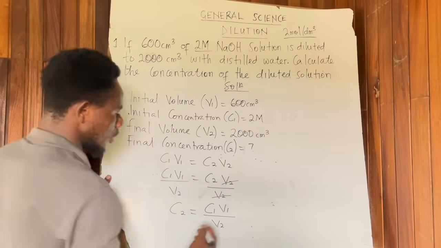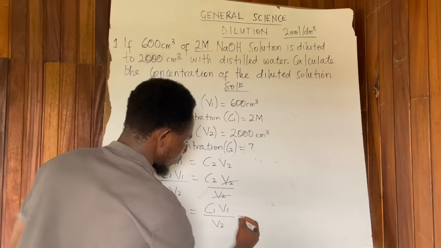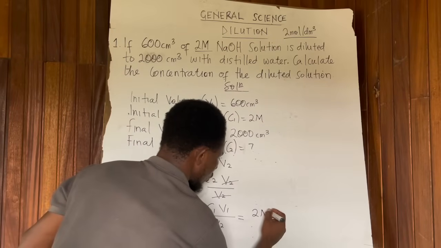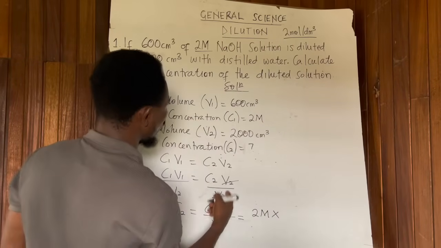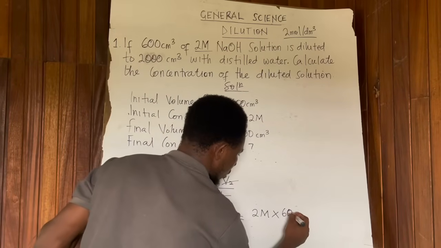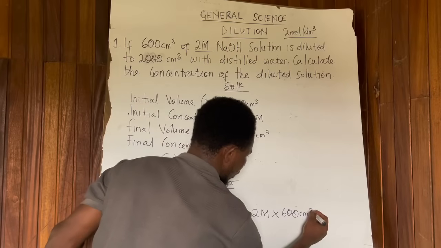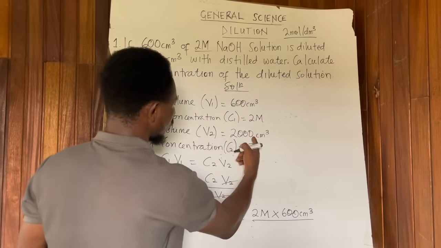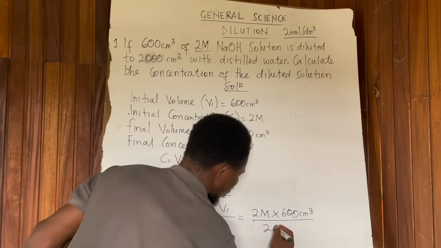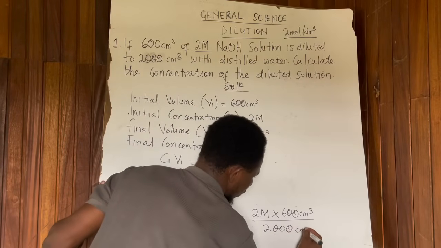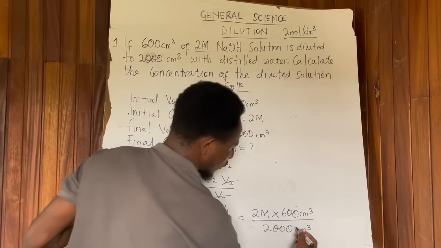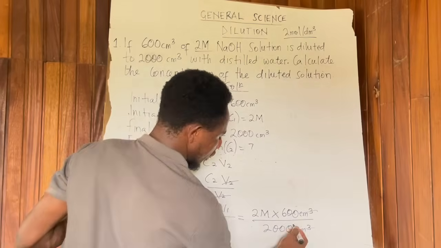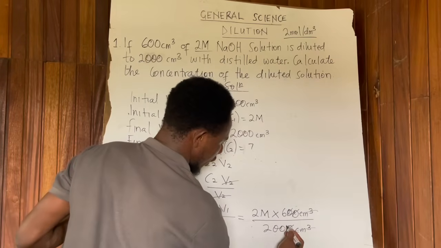Now let me put in the values. C1 V1 is 2 molar times V1, 600 cm cube, over V2, 2000 cm cube. Now cm cube will get rid of cm cube here. This 0 will cancel this 0, this 0 will cancel this 0.